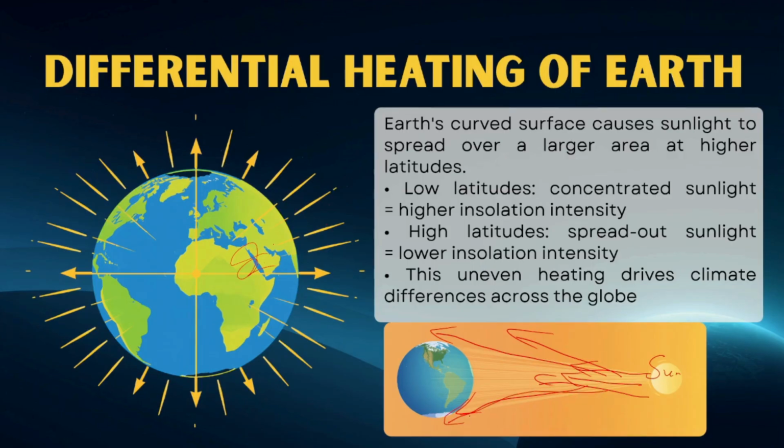This unequal heating creates different climate conditions around the world. That's why the North Pole regions experience freezing temperatures, whereas the areas near the equator experience tropical temperatures.